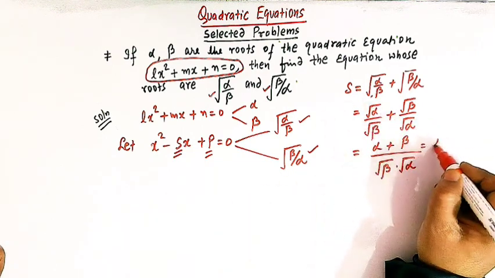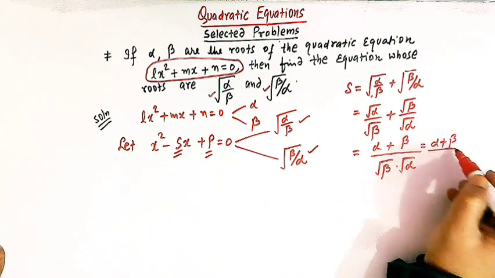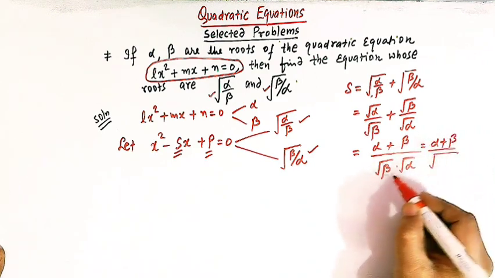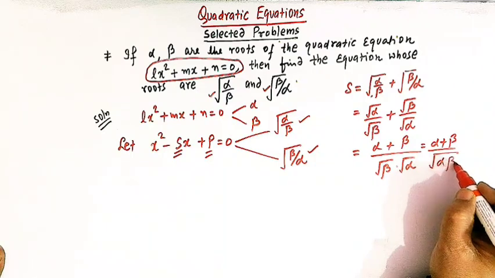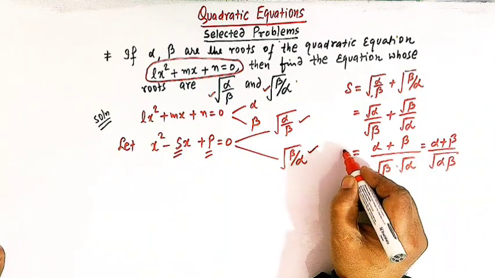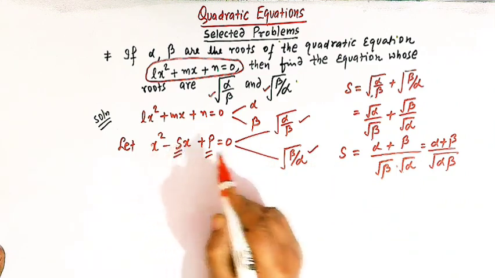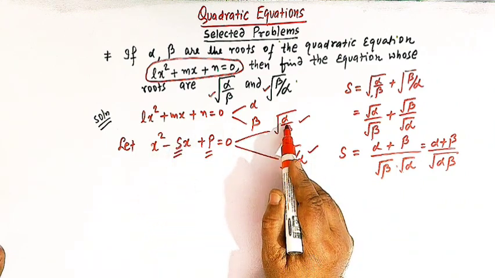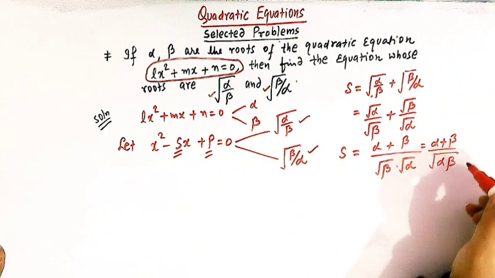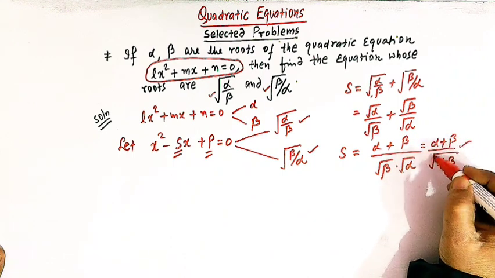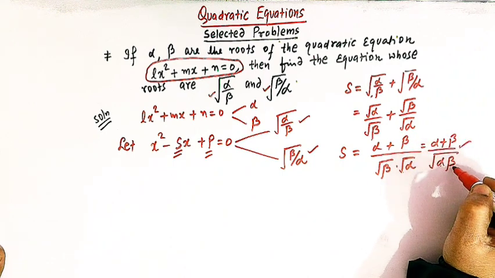Okay, so now we can write alpha plus beta over square root of alpha times beta. So our s, which is the sum of these two numbers, is alpha plus beta over square root of alpha times beta.